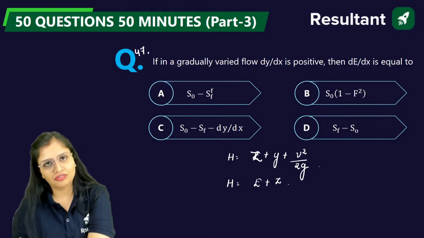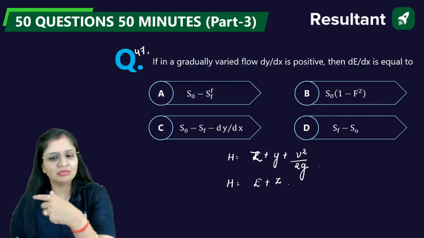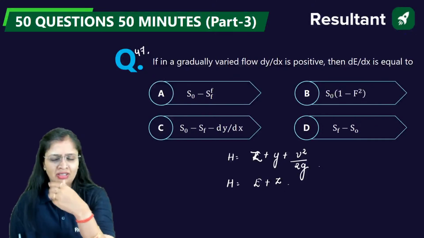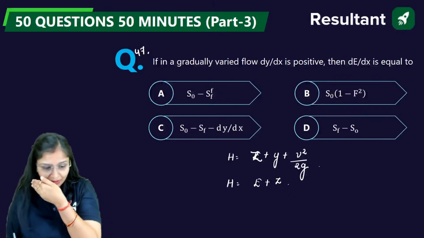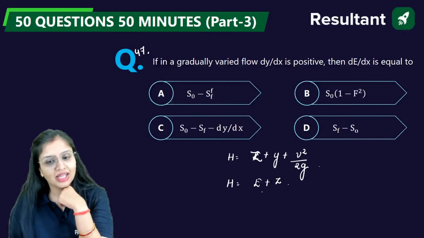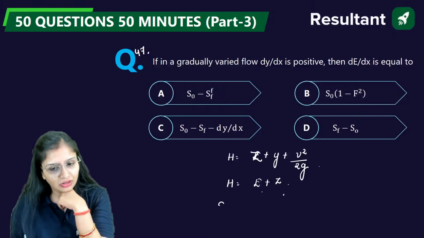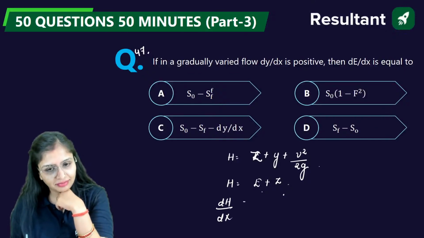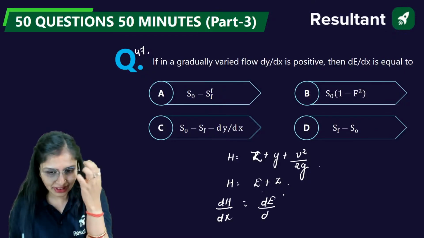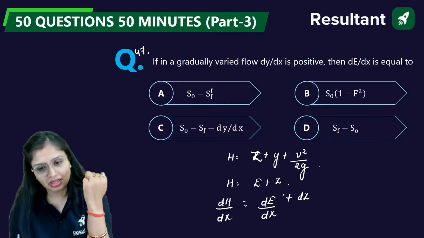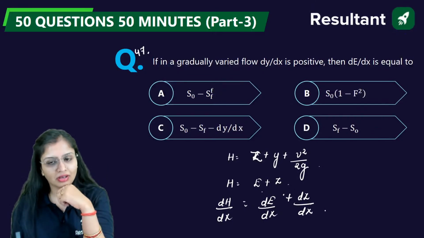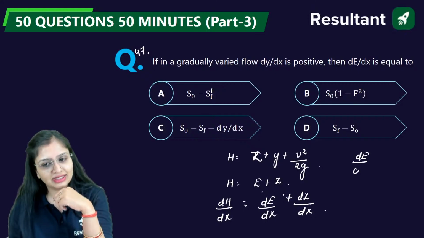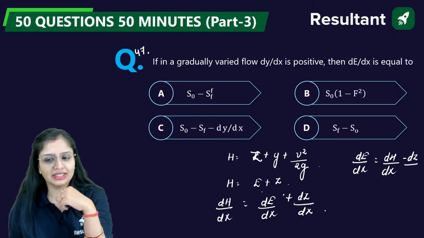When the channel bottom is taken as datum, y plus v square by 2g is the specific energy, and this is the datum height. Now differentiating with respect to x, plus dz by dx. From here dE by dx is equal to dh by dx minus dz by dx.